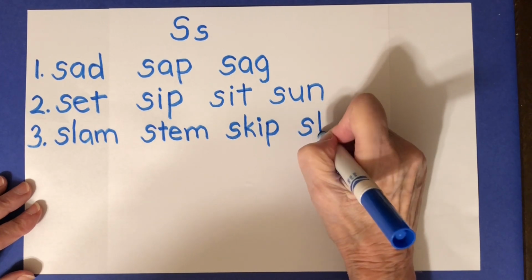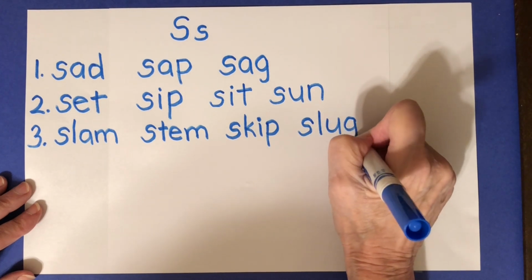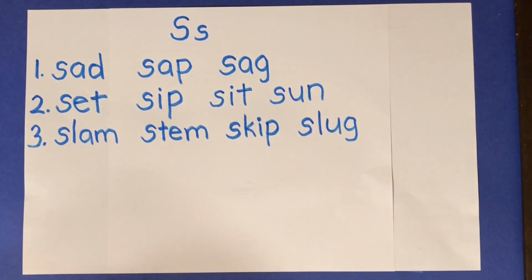S, l, u, slug, slug. A slug is an animal that is like a snail, but it doesn't have a shell. I have seen a slug and they aren't very pretty to me.